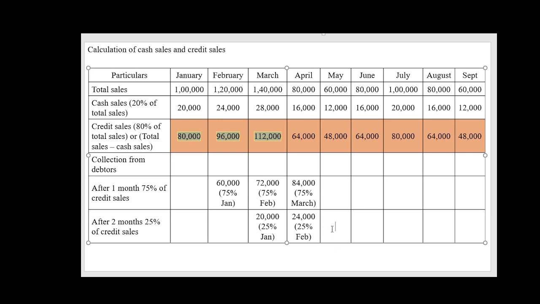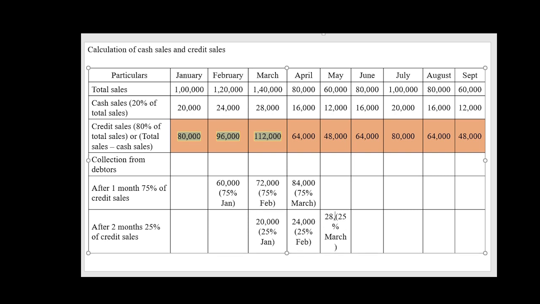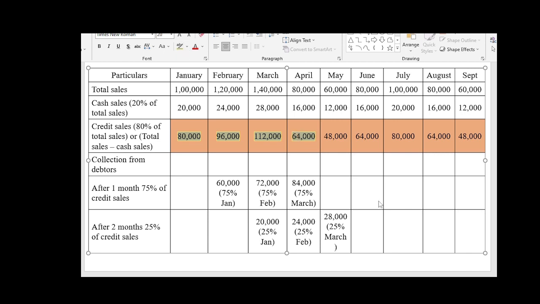The rest 25% you're going to receive in the month of May. So how much is 25% of 1,12,000? That comes to 28,000. Now the month of April, the credit sales is 64,000.